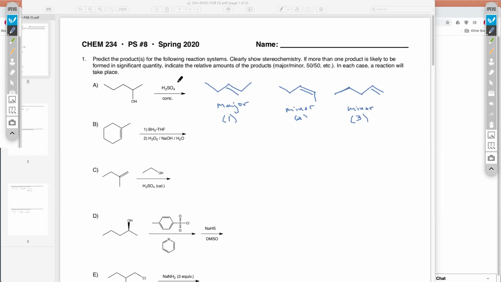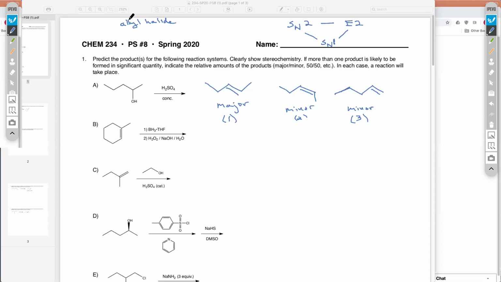One of the things that's key to an E1 elimination, because remember, when we think about SN2, E2, and SN1, there's a lot of similarities between these. And we have to think about the various conditions in order to distinguish between these. And those various conditions are usually the alkyl halide itself, or the alkyl with whatever leaving group we have here.